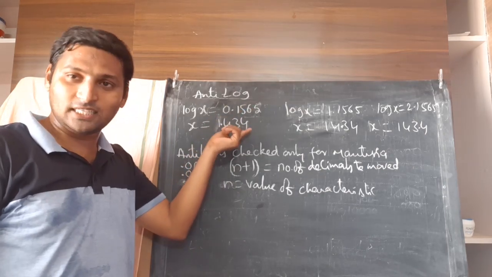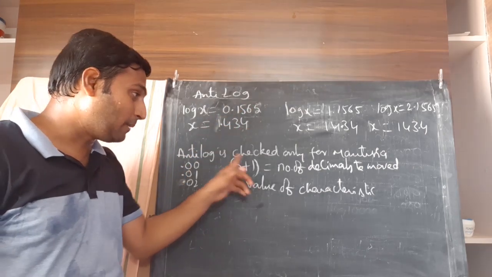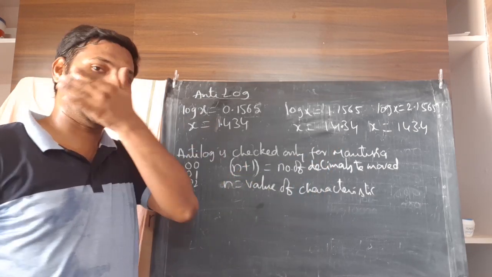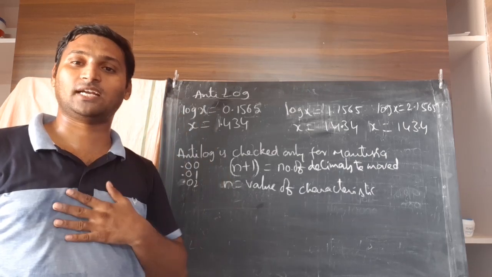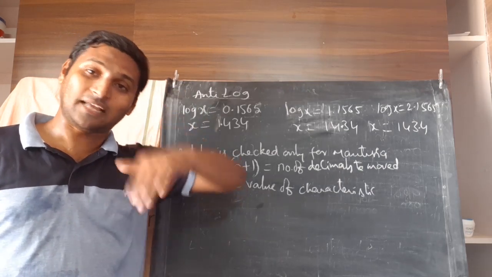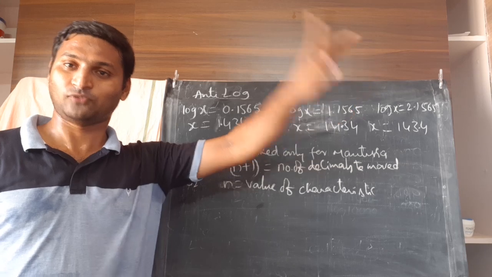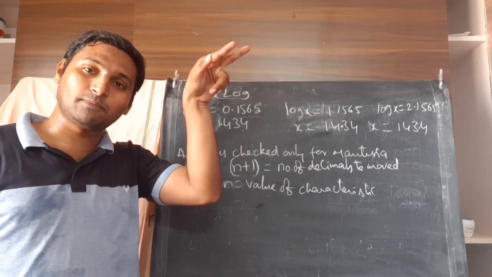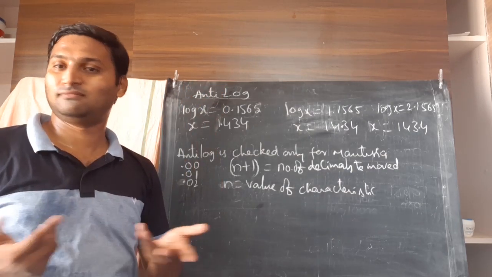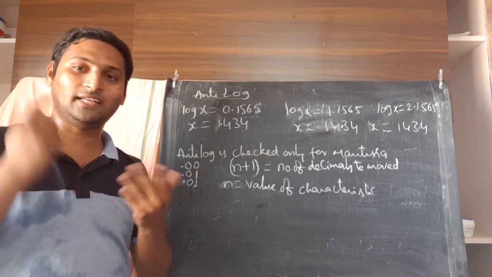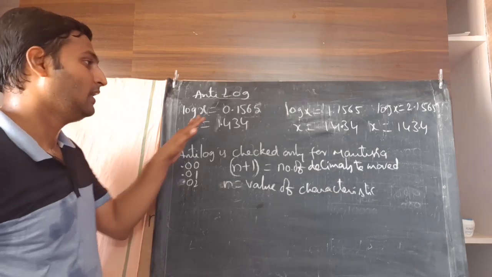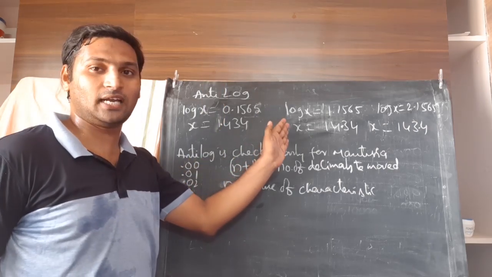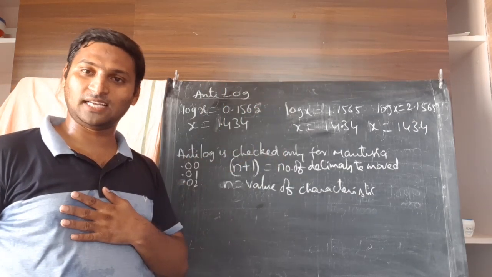After you get 4 digits, you have to move n plus 1 decimals to the right side, where n is the value of characteristic. So simple, the reverse: log and anti-log. Understood, right? This is how anti-log is checked if log values are given.